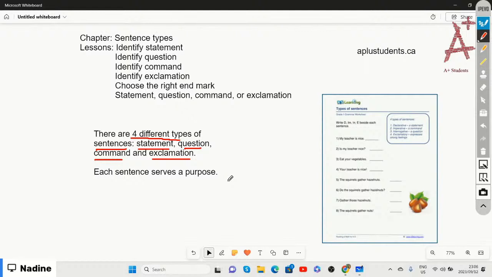So when it comes to a statement, a statement is when you are telling someone something. And usually with a statement, when you tell someone something, you do not really expect a response back. It's like saying, I'm going to school, or saying, I love school.